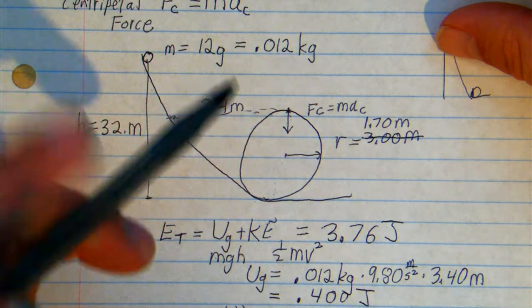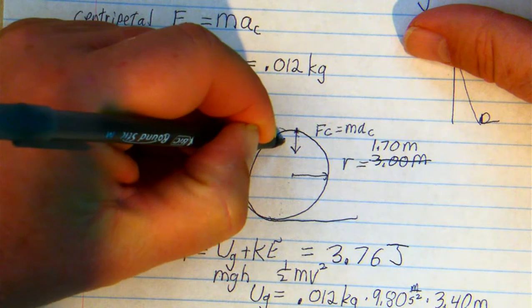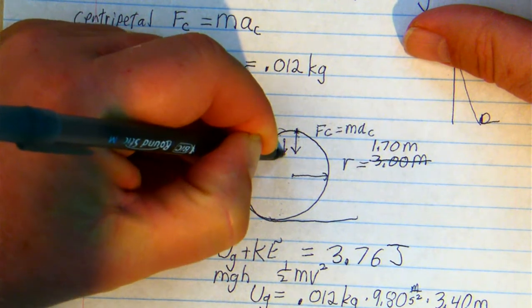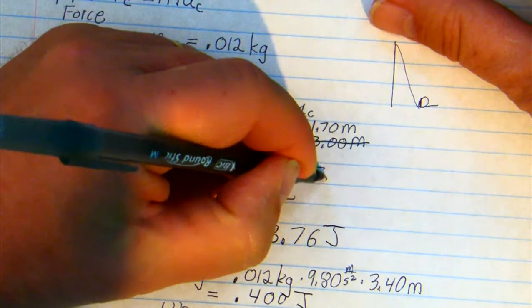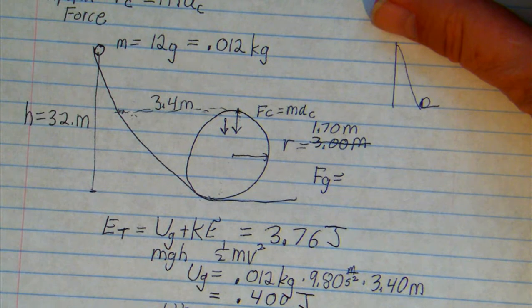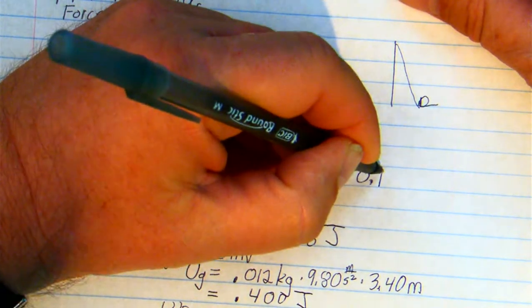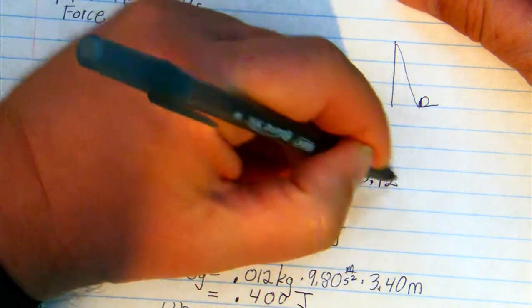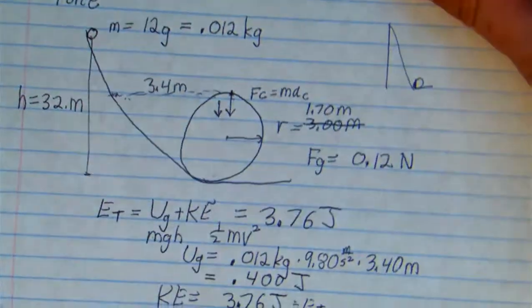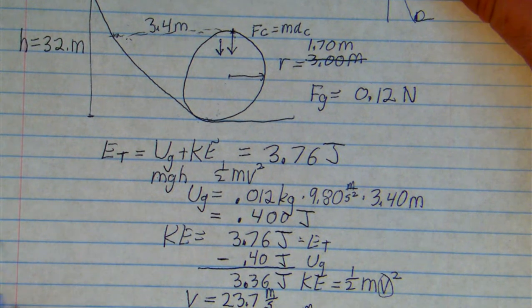Now, not to scale, but the marble has a weight, and the weight of this marble is 0.012 kilograms times 9.8 meters per second squared. That is 0.12 newtons. Here's the point I'm trying to make.